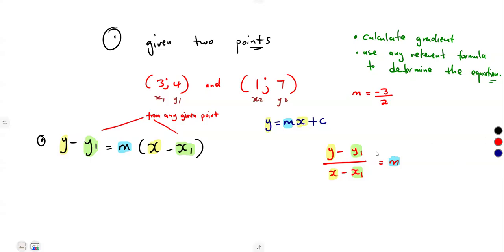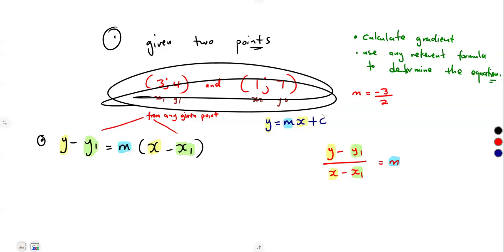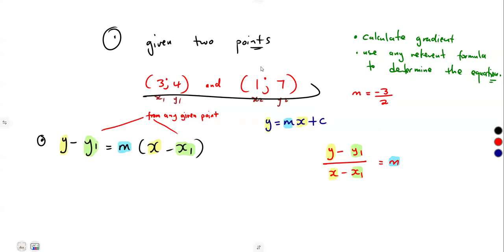So let us use the first one here and apply it to determine the equation of this line which passes through these 2 points, 1, 7 and 3, 4. The line is going to be something like this.